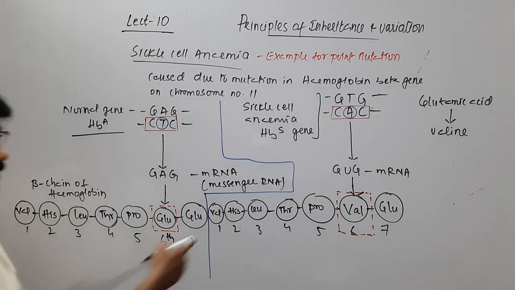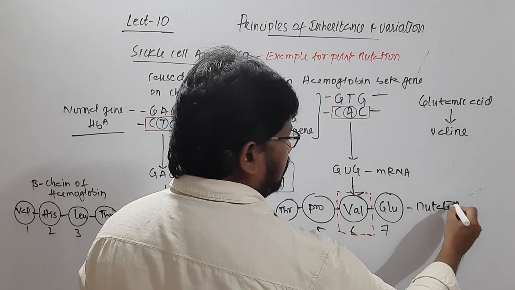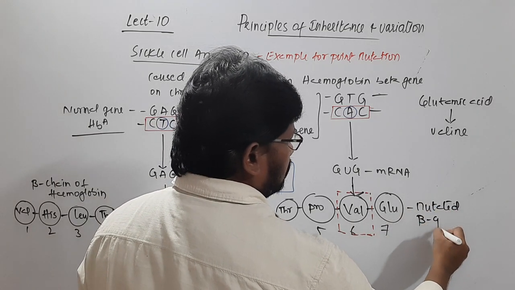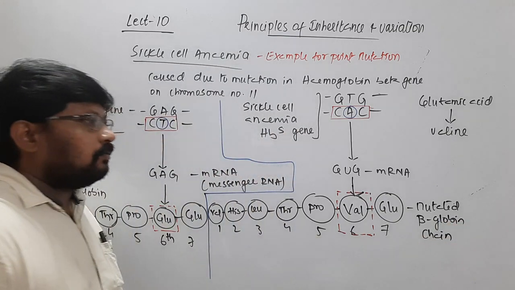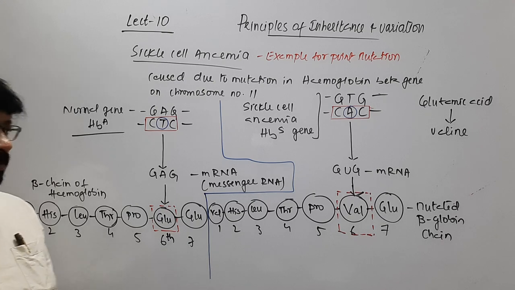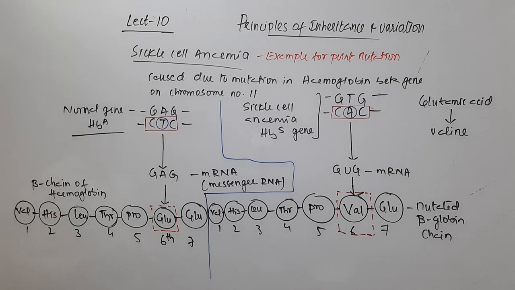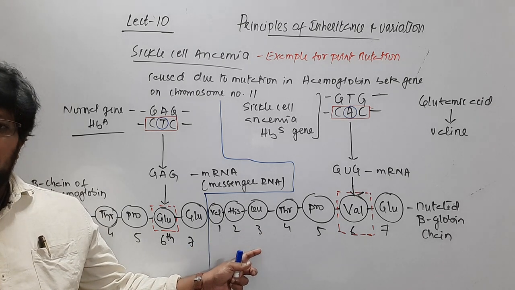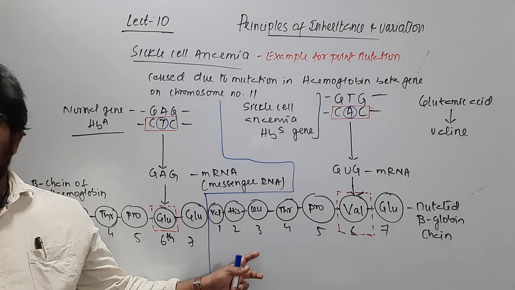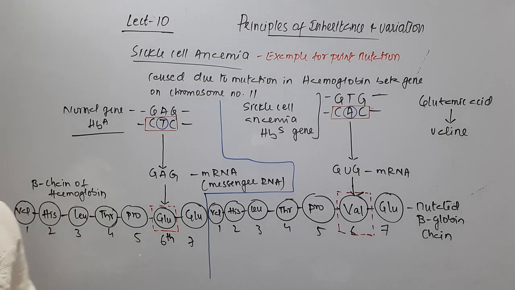So this is a mutated beta globin chain. Now what is the problem with the mutated beta globin chain? What happens is this mutated beta globin chain will undergo polymerization when there is low oxygen tension.